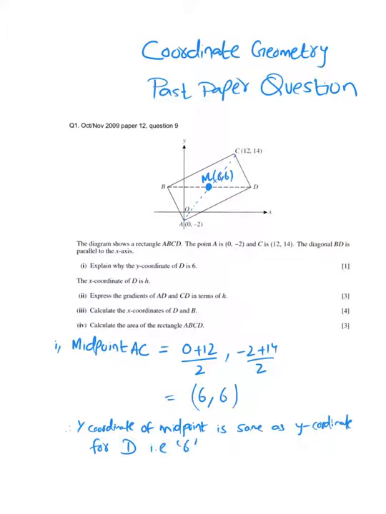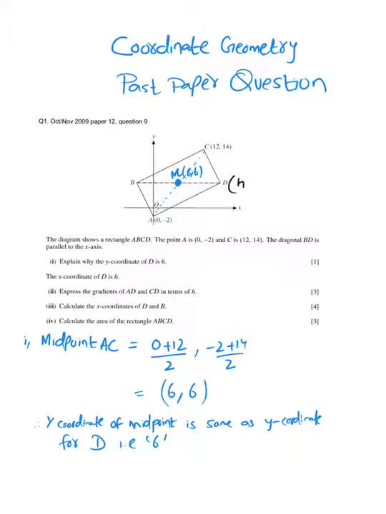Further, it is given that the x coordinate of D is h. So D has an x coordinate of h, and we know that the y coordinate of D is 6. The question asks to express the gradient of AD and CD in terms of h.